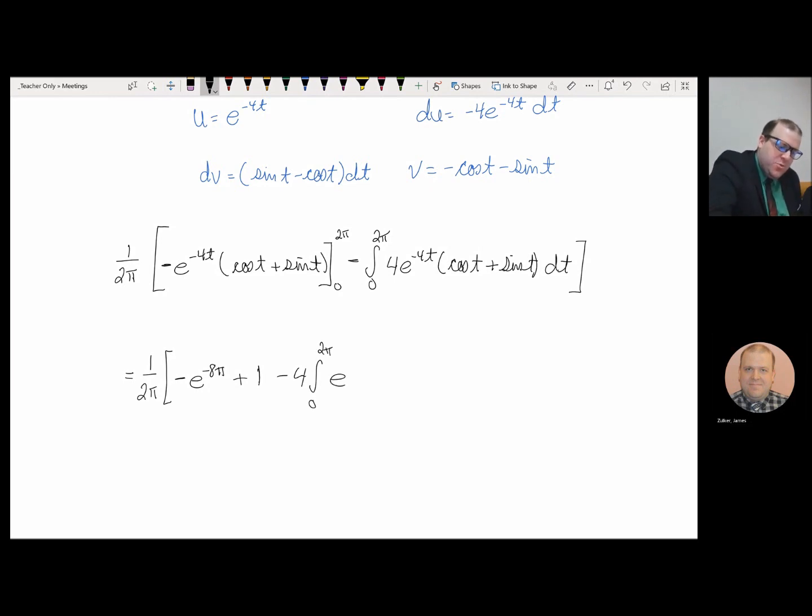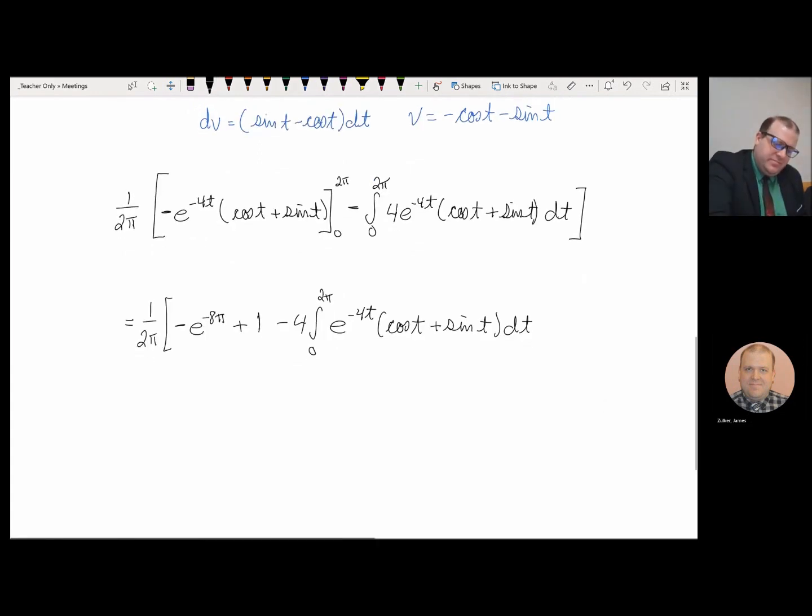I'm going to go ahead and factor out that 4. Oh, look. You have to do integration by parts again. Stick with your original choice.